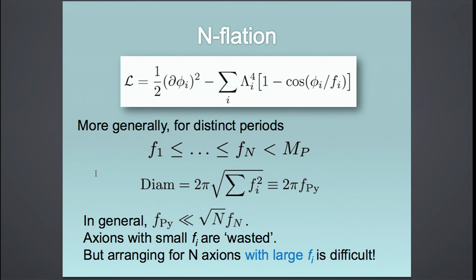So what happens if the f_i's are distinct? The diameter of the field space, which is not necessarily the range over which you could usefully build a model of inflation, but the actual maximum diameter you can go before you come back to yourself via a periodic identification, is the Pythagorean sum of the f's in this model. I'll just call it f sub pi for Pythagoras.